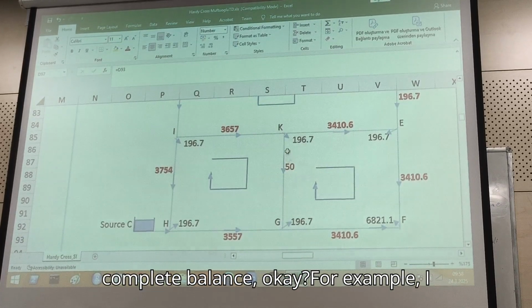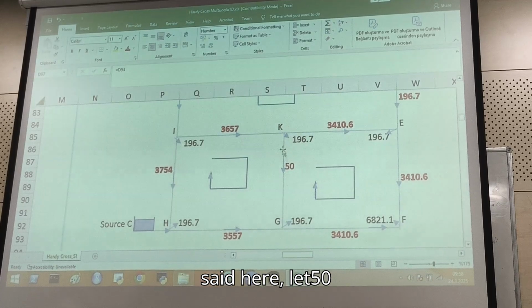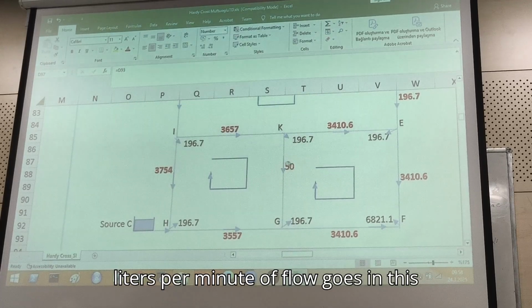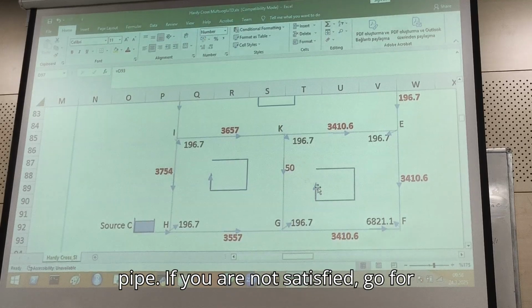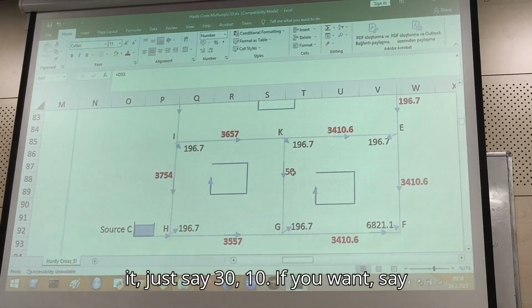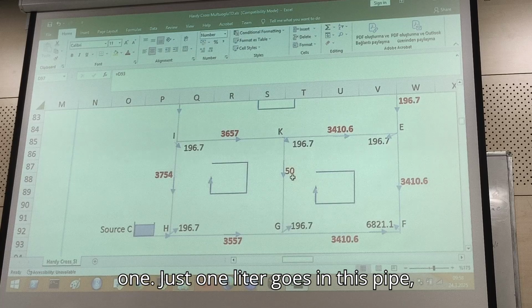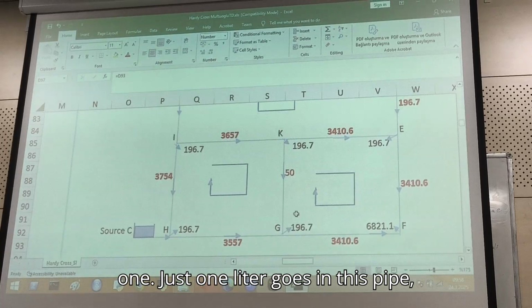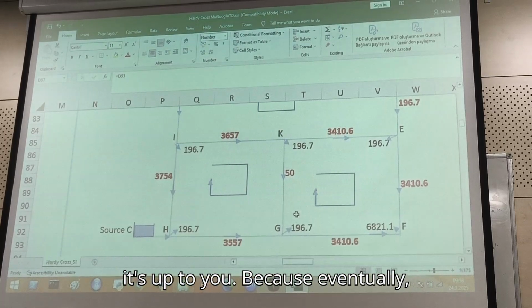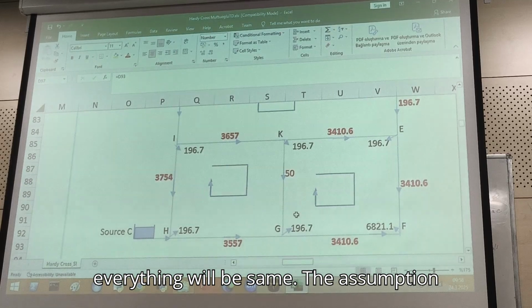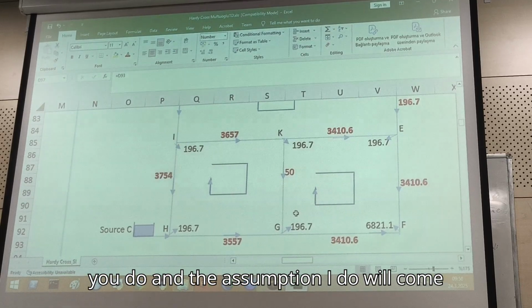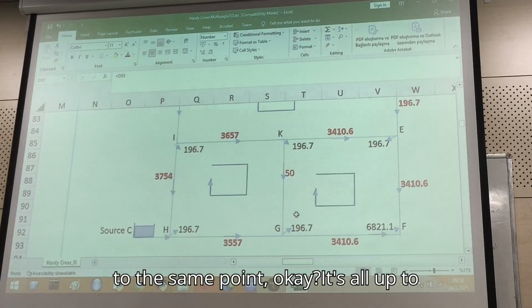Okay? For example, I said here, let 50 liters per minute of flow go in this pipe. If you are not satisfied, go for it. Just say 30, 10. If you want, say 1. Just 1 liter goes in this pipe. It's up to you. Because eventually, everything will be the same. The assumption you do and the assumption I do will come to the same point. Okay? It's all up to you.